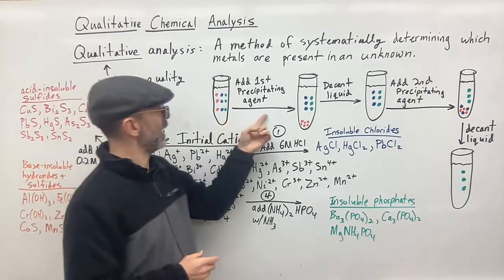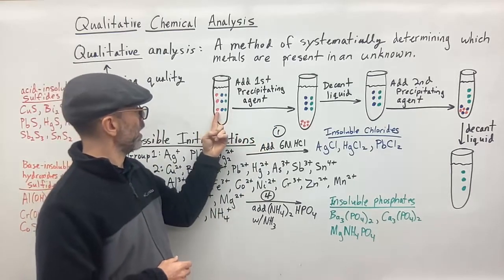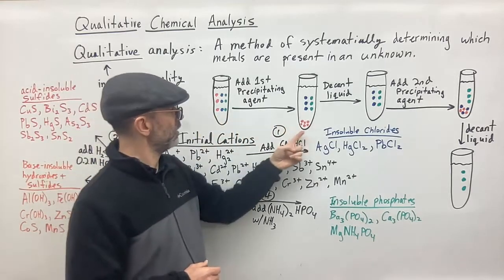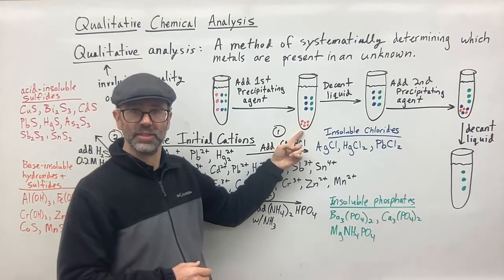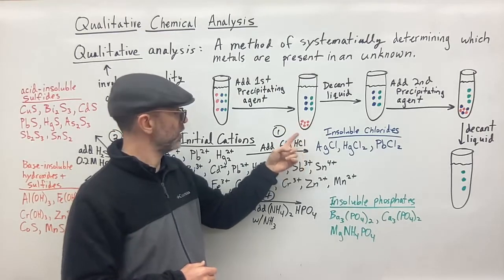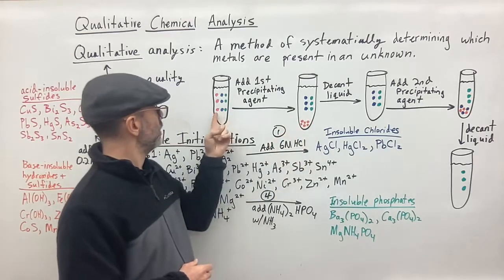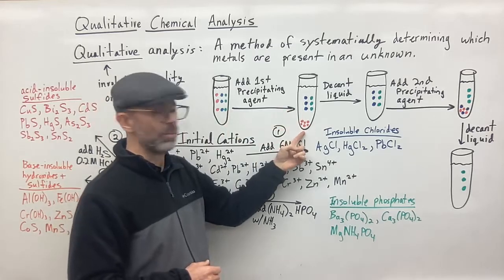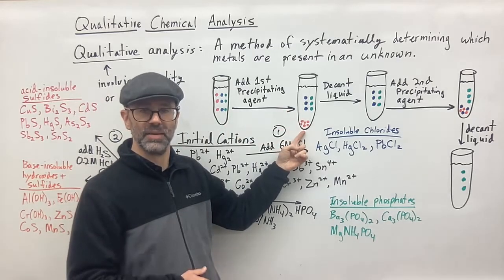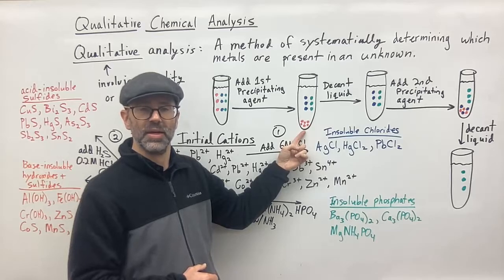So I add the agent, and then I have the red. The red kind of collects with the orange. I don't know if you can tell the color difference here, but my red is now in a solid form. It precipitates out because it bound with the precipitating agent that I added.